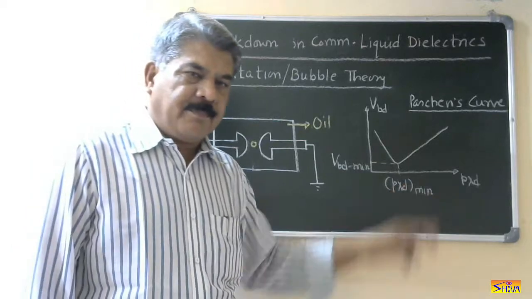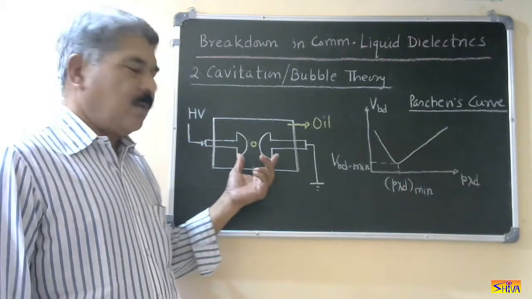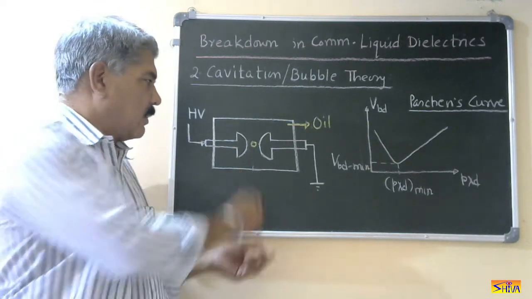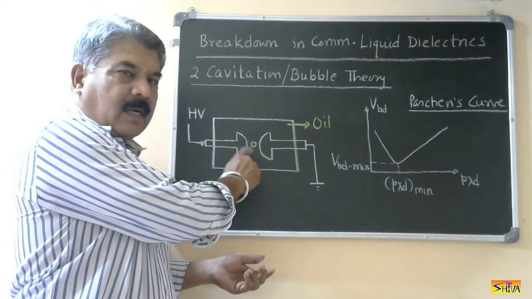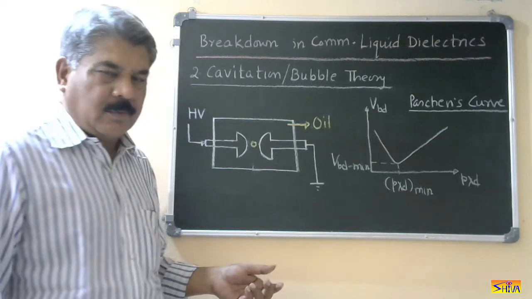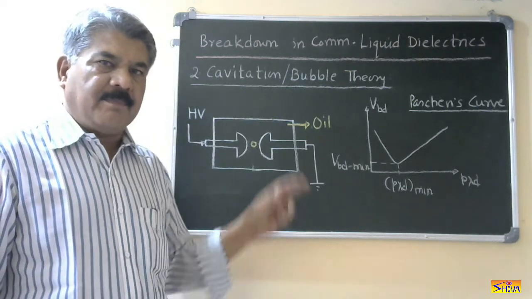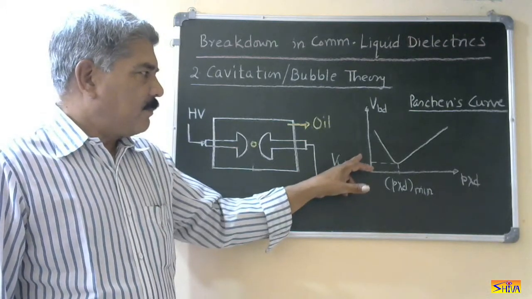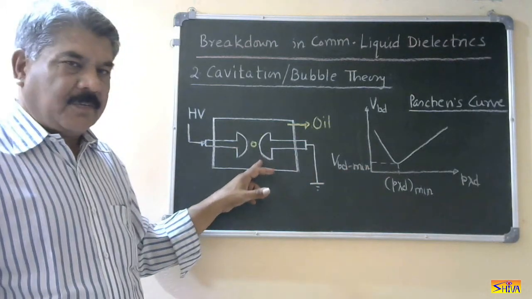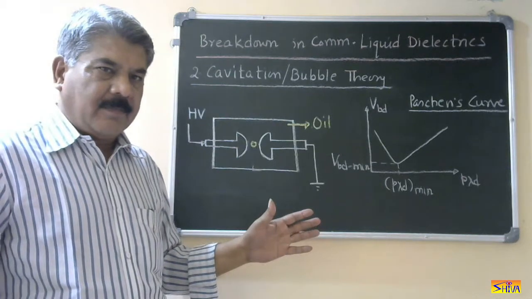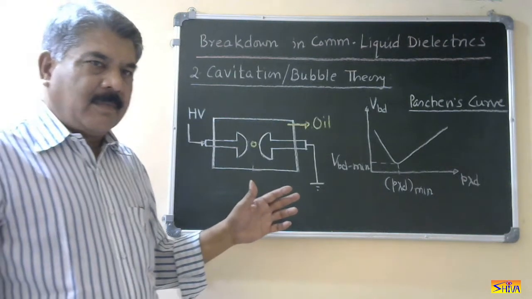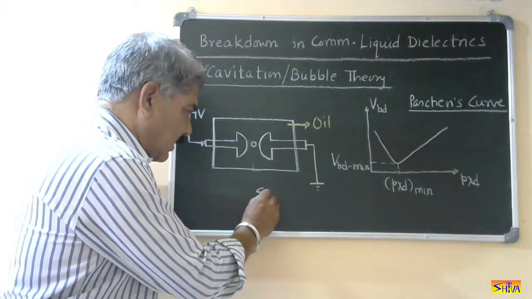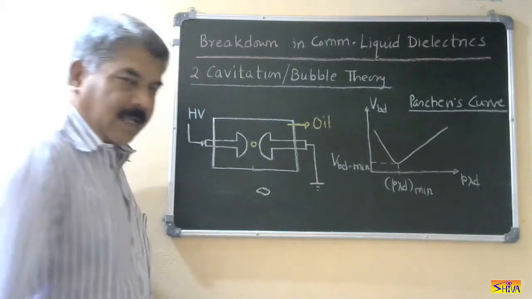Now let us say that when we apply the electric field, due to electrostatic force, this bubble comes in between these two electrodes. Initially, we assume that this bubble is spherical. Now, when it comes under the electric field, it starts elongating, which means its radius will increase. So, the shape will become elliptical like this.